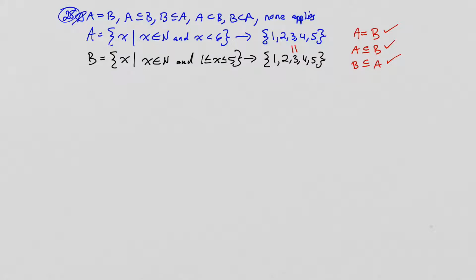All right, let's do 31. So the condition is that this set is a brand of a soft drink, and B is actually a list of soft drinks.